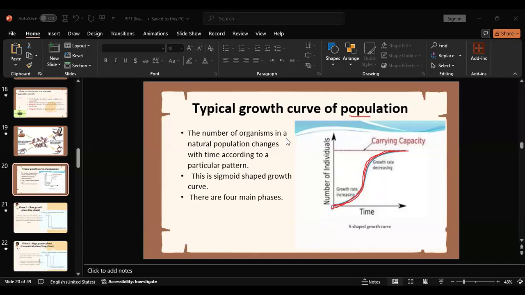The number of organisms in a natural population changes with time according to a particular pattern, that is the sigmoid shape. So for each and every population this is going to be the pattern. Here the growth rate is increasing, and here slightly decreasing, and after that it will be stable. Okay, right.